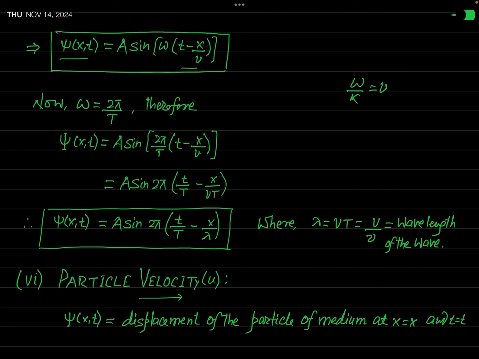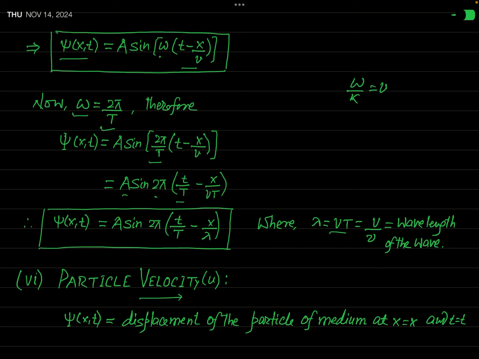Now again you know that this omega, which represents the angular or cyclic frequency of the wave, is 2 pi over T, where T is the time period. So instead of omega, now write 2 pi over T in this equation. And when you multiply the bracketed term by 1 over T, this equation becomes a sine 2 pi (t over T minus x over vT).